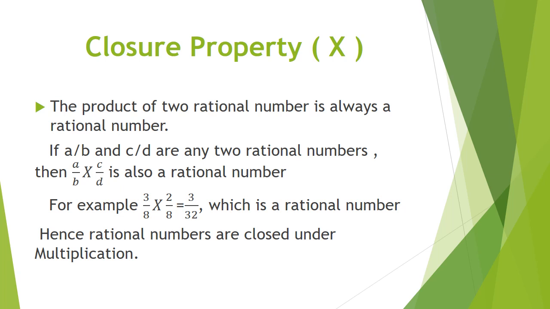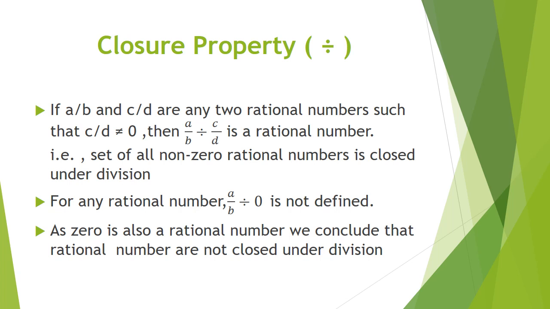Do their product: 3 2s are 6 and 8 8s are 64. Convert it into its simplest form, the answer will be 3 upon 32. The answer is a rational number. That is, when we do the product of any two rational numbers, the answer is again a rational number. Hence, rational numbers are closed under multiplication.